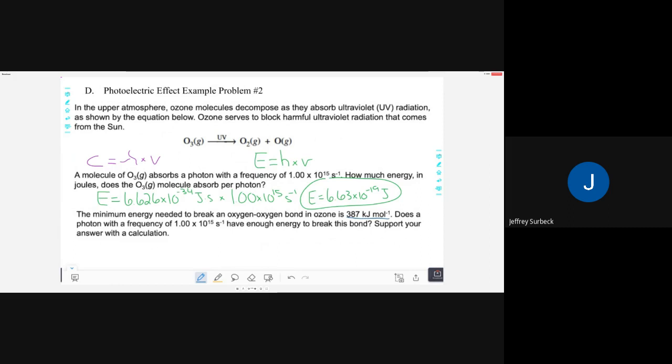I like to say, all right, 387 kilojoules, and then I'm going to draw it like this, per mole of our ozone, okay? And we want to break this ozone down into its individual pieces or parts. So what we have to do here is this.